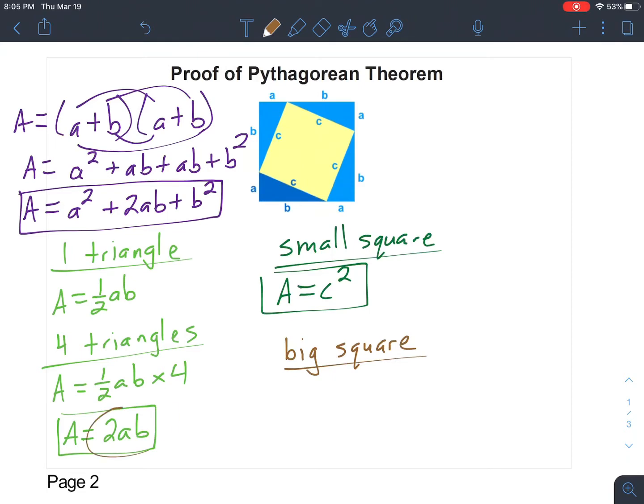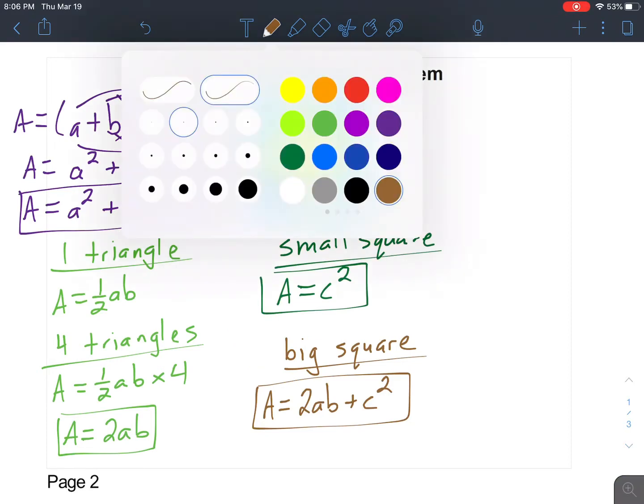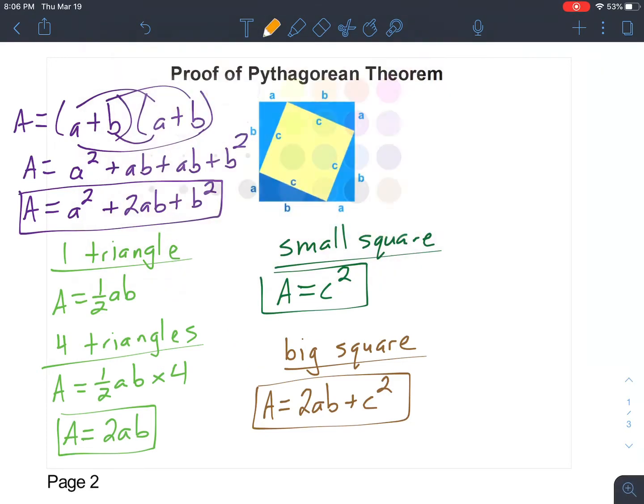Then if we put it together and we find the area of the big square, that's the 2ab and it's the c squared. So we just add those together. Now the last part, these right here are supposed to be the exact same.